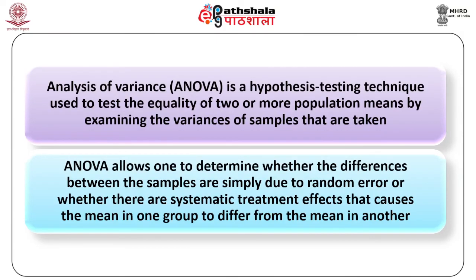Analysis of variance, or ANOVA, is a hypothesis testing technique used to test the equality of two or more population means by examining the variances of samples that are taken. ANOVA allows one to determine whether the differences between the samples are simply due to random error or whether there are systematic treatment effects that cause the mean in one group to differ from the mean in another.